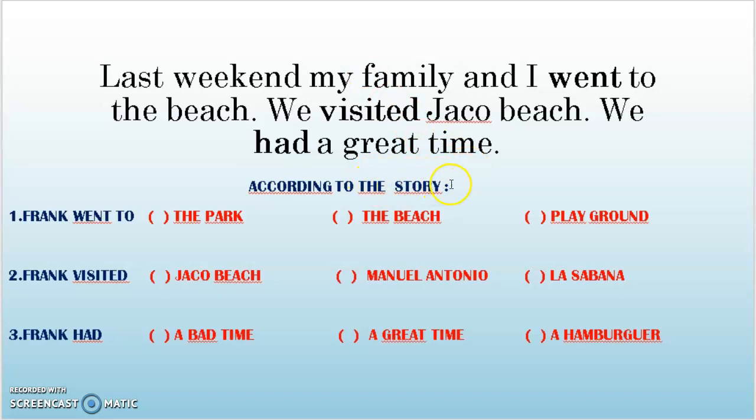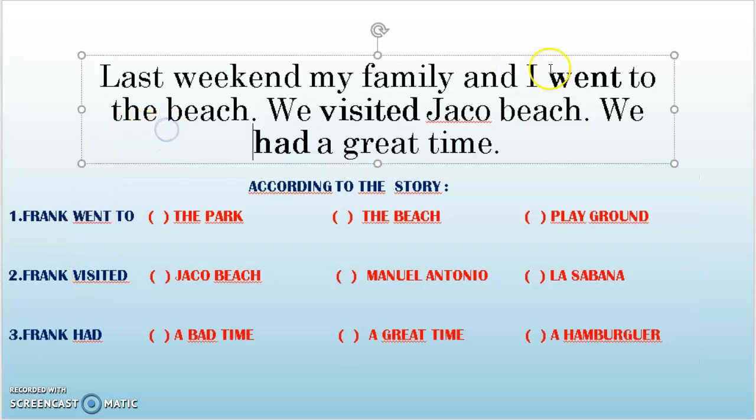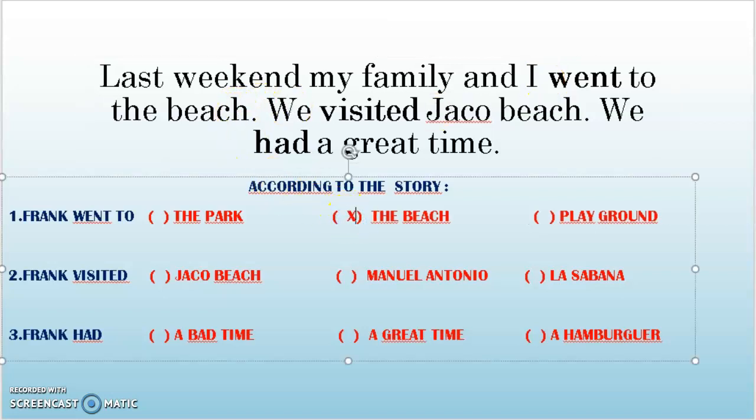Entonces, si me dicen, according to the story, de acuerdo a la historia, Frank went to. Entonces, acá la palabra clave sería went. Entonces, me voy a fijar that Frank is saying, I went to the beach. So, the correct answer would be the beach.